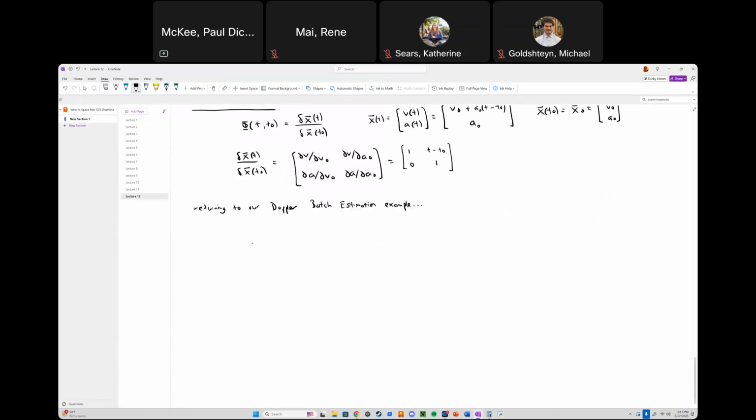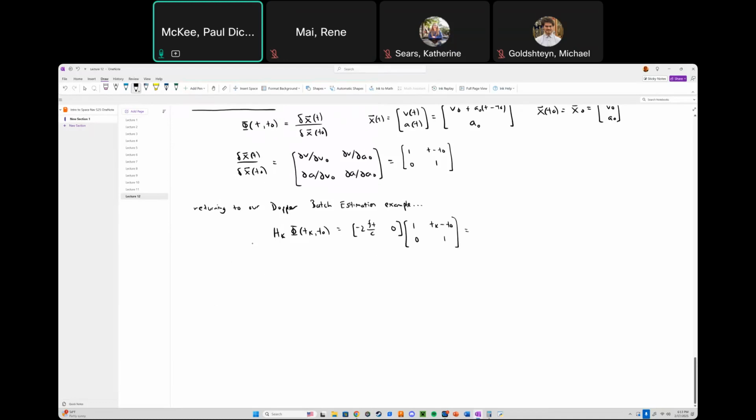Okay. What we really want to do is we want to say h at time k, and then phi mapping from t0 to tk is going to be, remember, h is -2 transmission frequency over the speed of light, and then 0. Then we multiply by the state transition matrix, which in this case is 1, tk minus t0, 0, and 1.